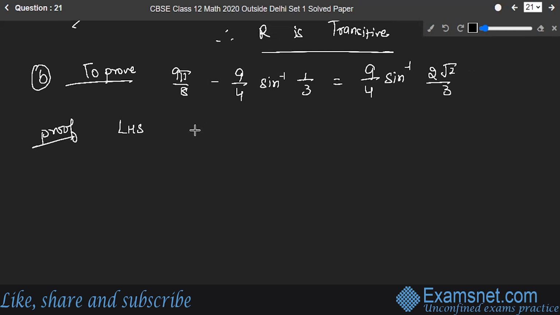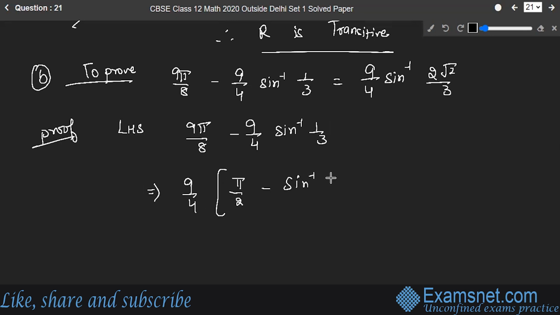Here is your LHS: 9π/8 − (9/4) sin⁻¹(1/3). I'll take the 9/4 common from here. This will be (9/4)(π/2 − sin⁻¹(1/3)), which is equal to (9/4) cos⁻¹(1/3).